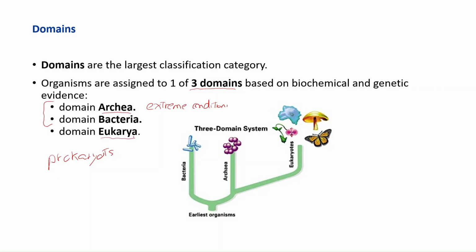Eukarya, on the other hand, are eukaryotes, meaning that they do have a nucleus with a nuclear membrane. But they can be a bunch of different things, and we're going to look at the next level, the kingdom.